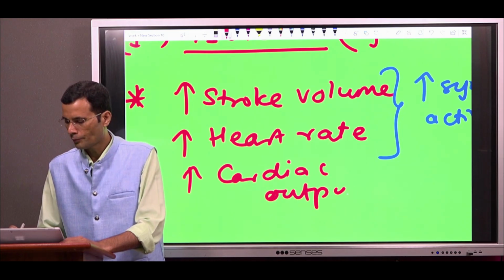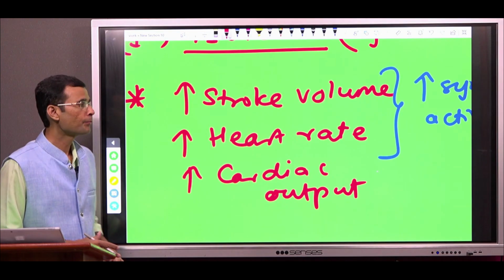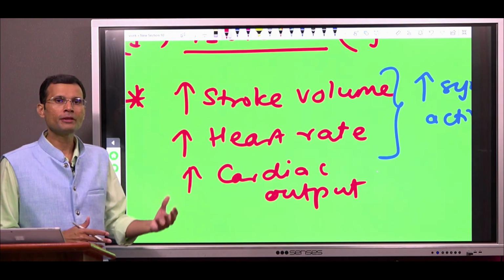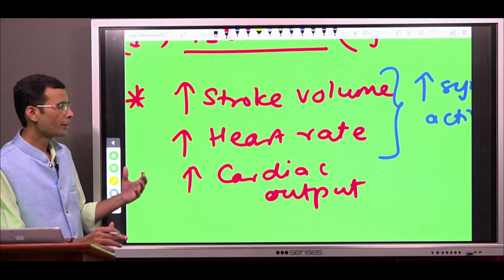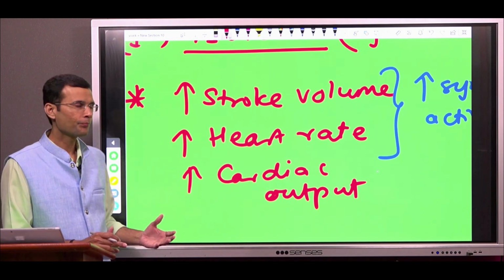You know, the normal cardiac output is about 5 liters per minute, but in a non-trained person or non-athletes, it can increase up to 25 liters per minute.